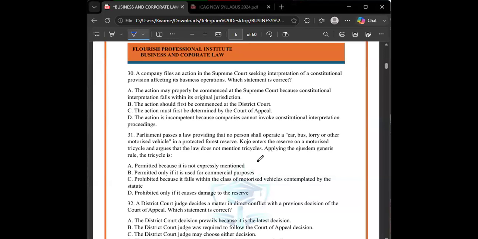C. The action must first be determined by the Court of Appeal. And D. The action is incompetent because companies cannot invoke constitutional interpretation proceedings. And I choose A. So actually, once it's interpretation of a constitutional provision, you know that it's the Supreme Court.